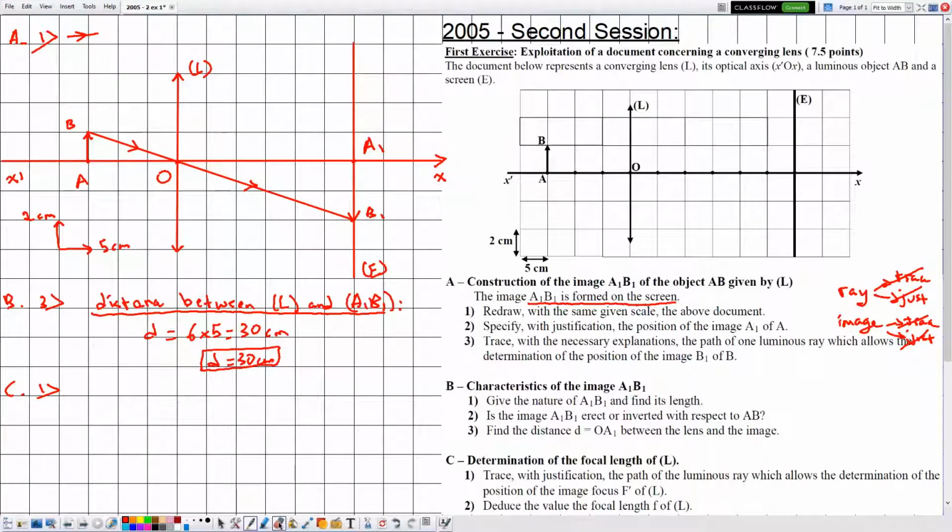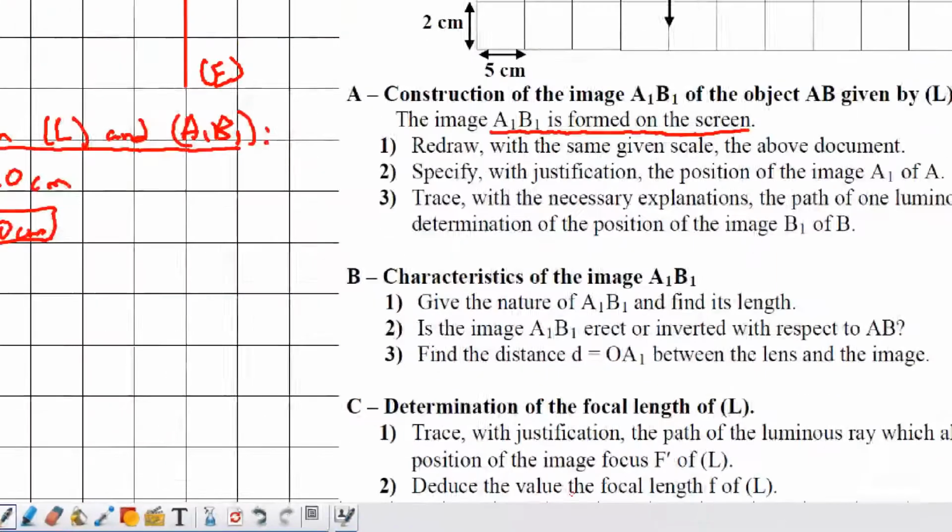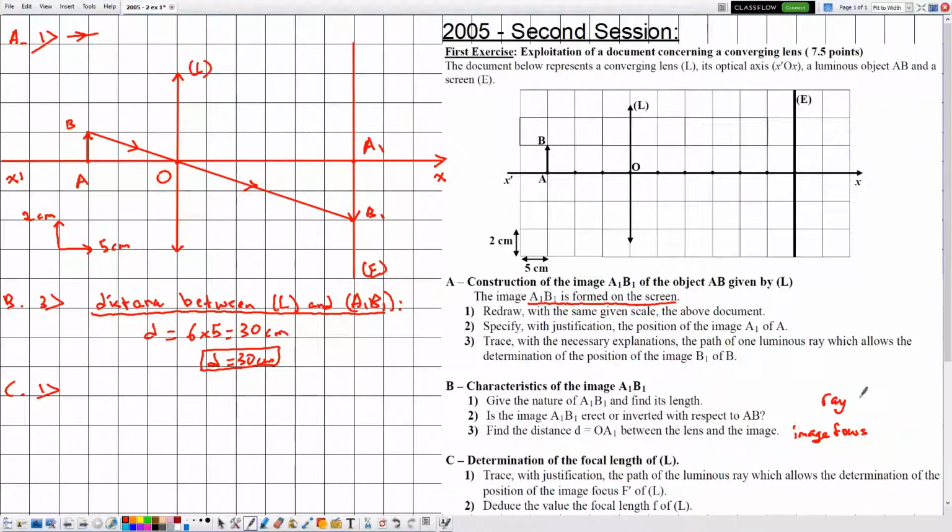So using a certain ray, we need to determine the position of the image focus F prime. And here they told me trace with a justification, so we need to trace the ray and justify it, and we need to trace the image focus and justify it as well.